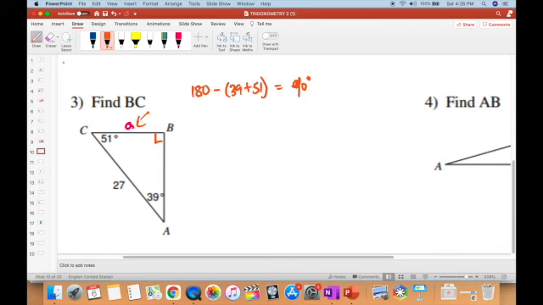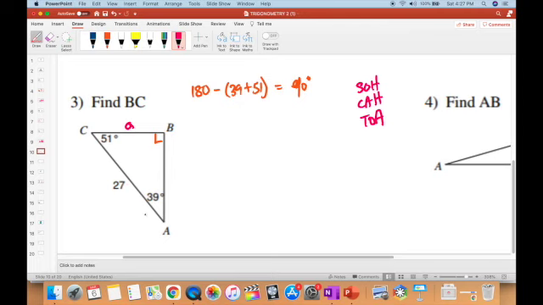Anybody want to tell me? And Soraya, you should be able to know this. What can I use to find this side here? Right, I'll just write on the side here. So what do I have?